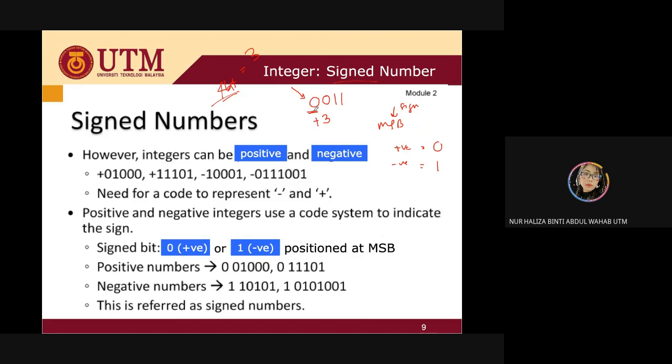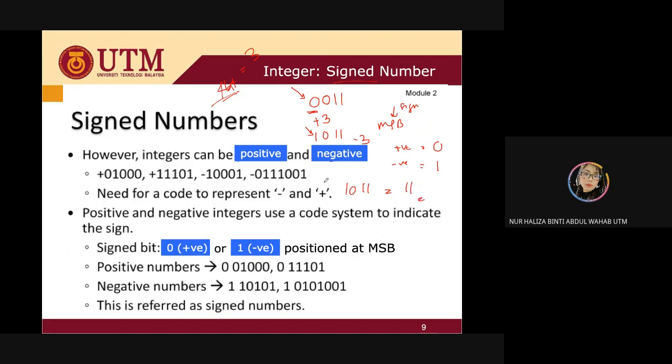But when you have 1 0 1 1, this will be negative 3. Sometimes you might be confused. It is also equivalent to 11 in decimal, isn't it?